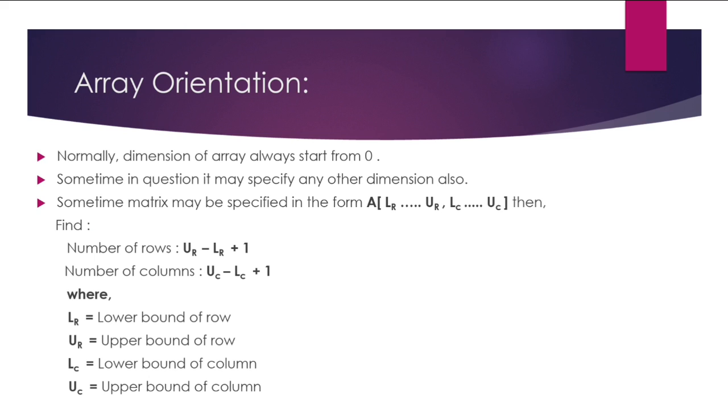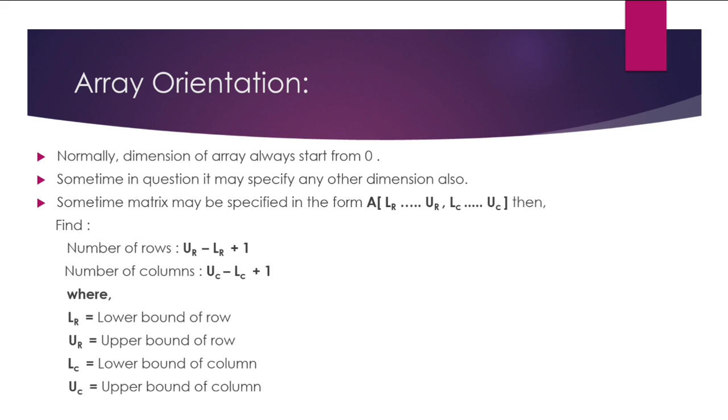Then we have our formula with us, and we find the number of rows and number of columns. Normally they say the array has number of rows 20 and number of columns 50. Already given, meaning 20 is the number of rows and 50 is the number of columns, so directly we have M and N: the value of M is 20 and the value of N is 50.